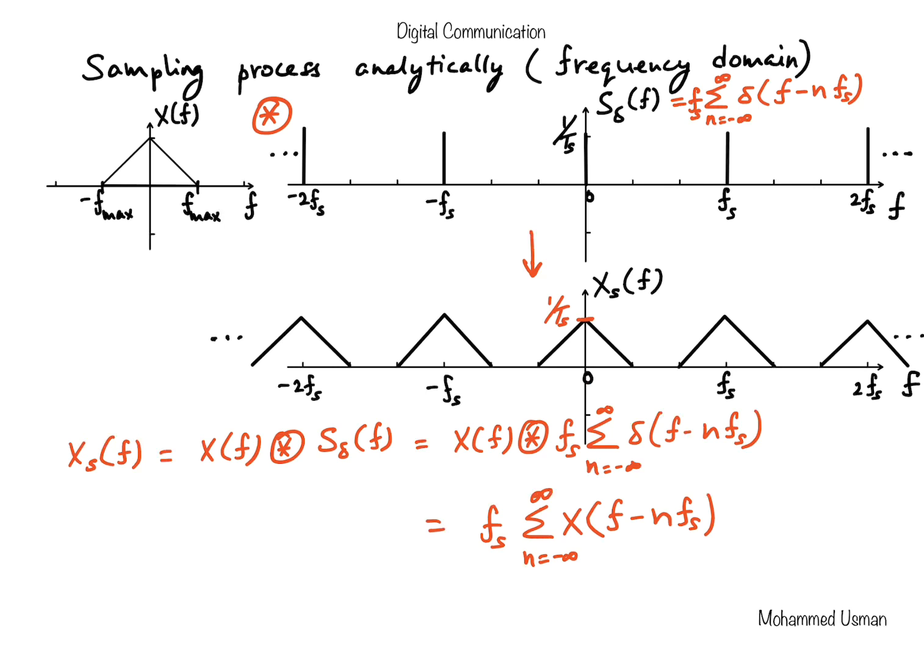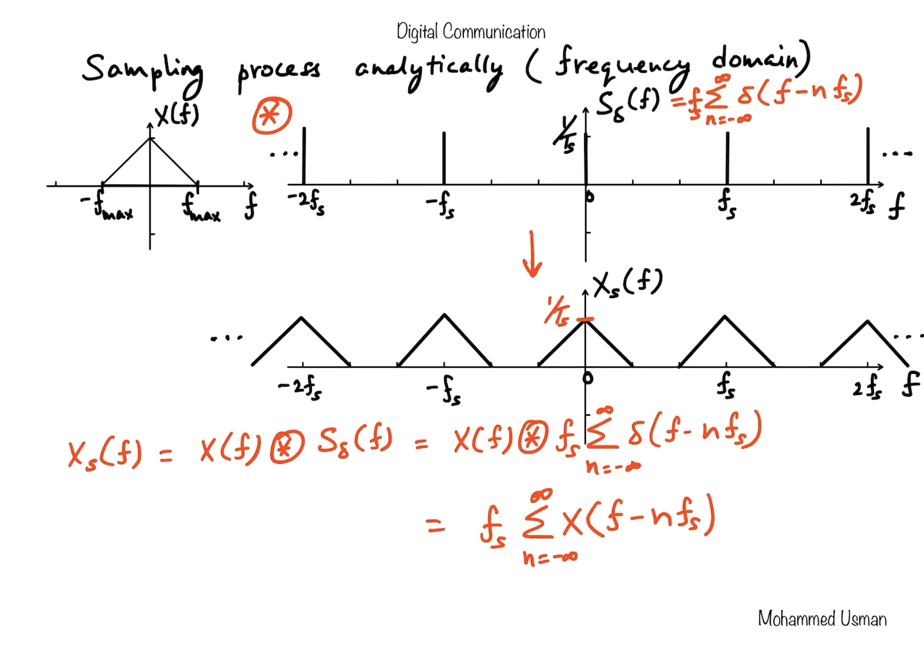So what we see is that the spectrum of the sampled signal contains basically the spectrum of the original signal and replicas of it at integer multiples of the sampling frequency, but obviously they are scaled by the scaling factor, which is 1 by Ts.